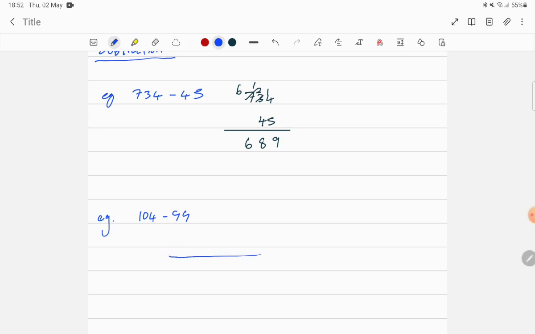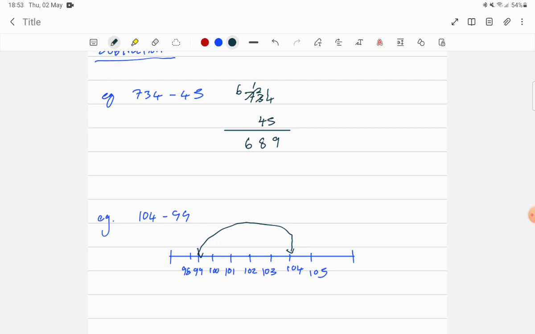If you were to look at a number line, for example, a number line having your 104 here, you have 103, 102, 101, 100, and 99. So just have one on either side. And basically, this is the point that we are looking at.